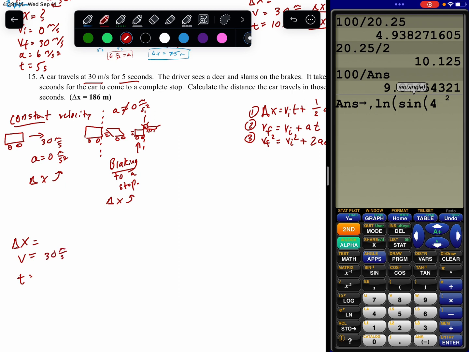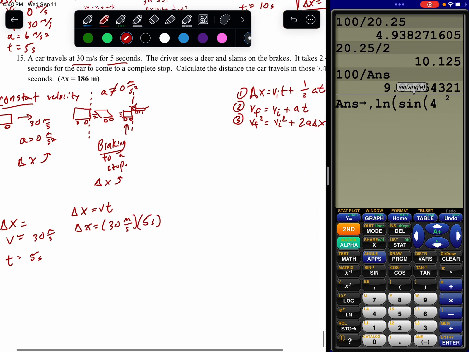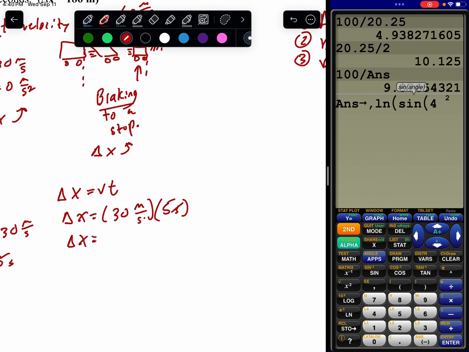And we can do delta x equals vt and get 30 meters per second times 5 seconds. We get a delta x of, seconds go away, 150 meters. Sweet, okay. So that's how far the car was going in that first part.